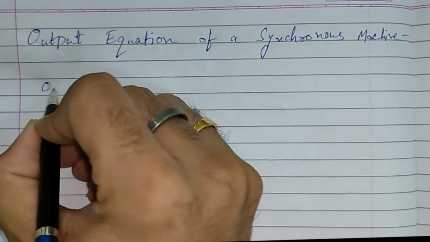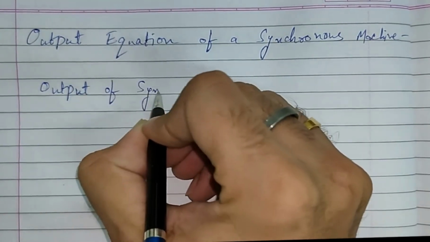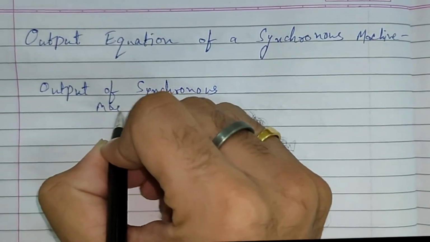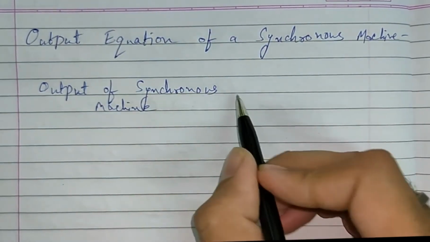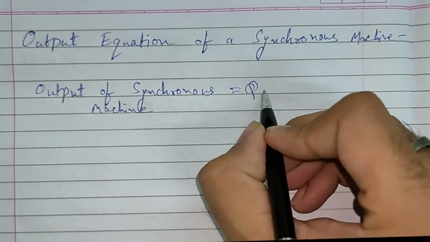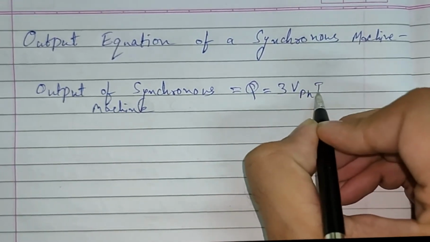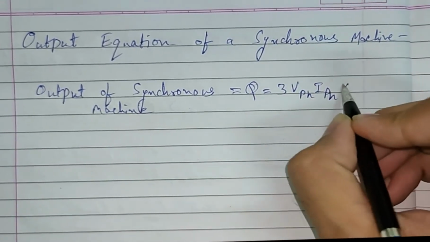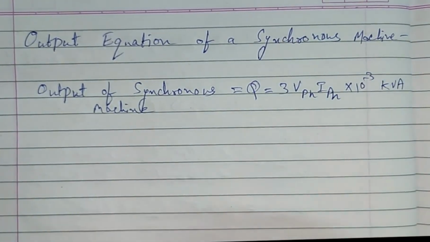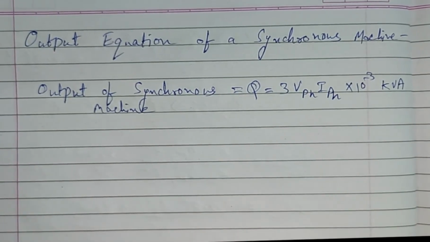Here the output of a synchronous machine is equal to Q, which is equal to 3 into VPH into IPH into 10 raised to minus 3, and the unit would be kVA, where VPH is the voltage per phase and IPH is the current per phase.